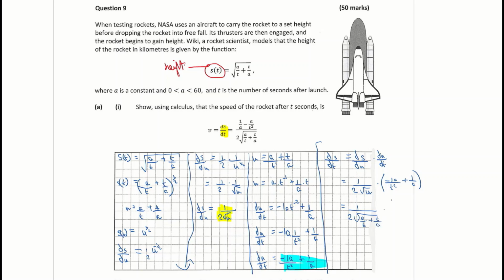And that's all going to be multiplied by minus 1a over t squared plus 1 over a. I'm just going to put that now as a fraction over 1, and I'm going to multiply top by top and bottom by bottom.